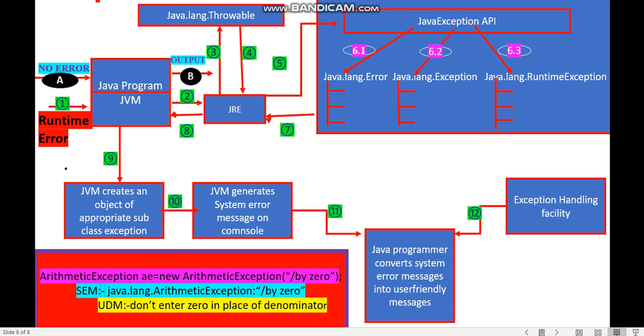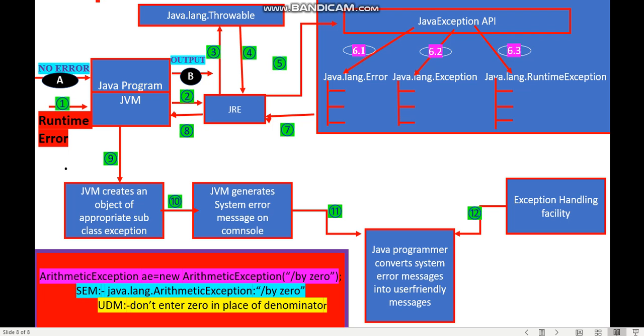Now, Java exception API executes either 6.1, that is java.lang.Error for asynchronous exceptions, or 6.2, that is java.lang.Exception for synchronous checked exceptions, or 6.3, that is java.lang.RuntimeException for synchronous unchecked exceptions.